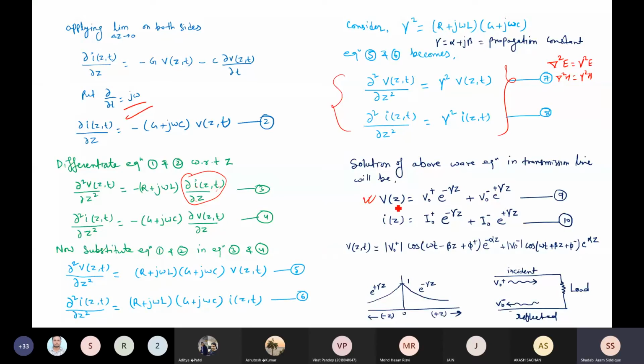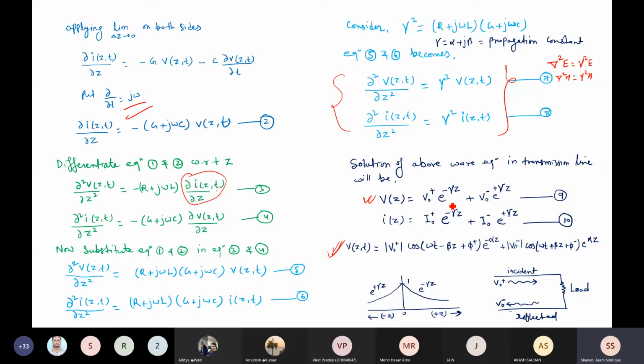This is simply written with respect to z only. We have just ignored the time variable for the time being.